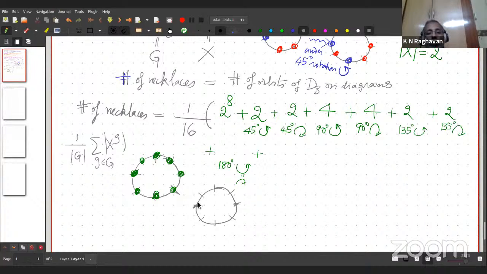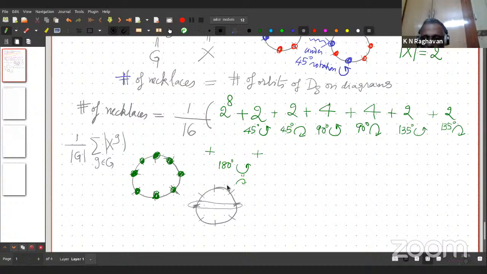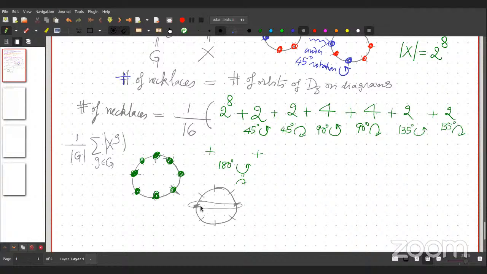So these two are a pair. I can choose them both to be red or both to be blue. 4C2. You are on the right track, but tell me the right answer. So these two can either be red or blue. And opposites similarly.